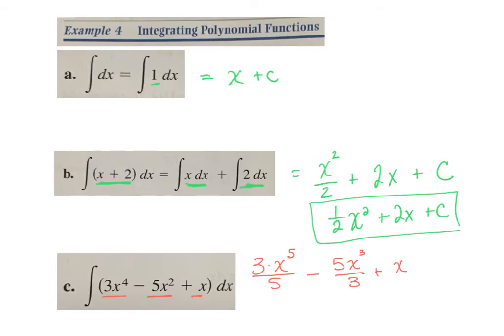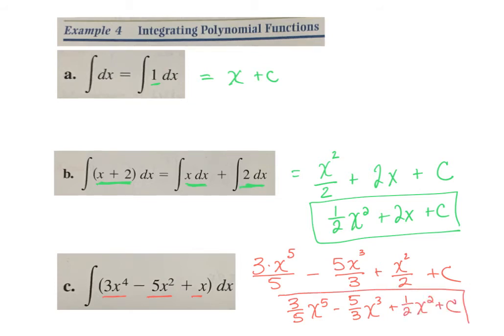Plus x to the what power? Second power, divided by 2, plus c. And so I would say that's 3/5 x to the fifth minus 5/3 x cubed plus 1/2 x squared plus c. Does that make sense?